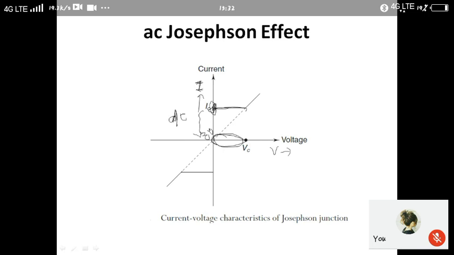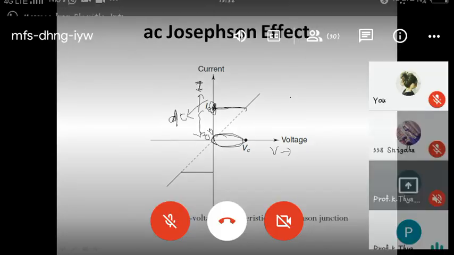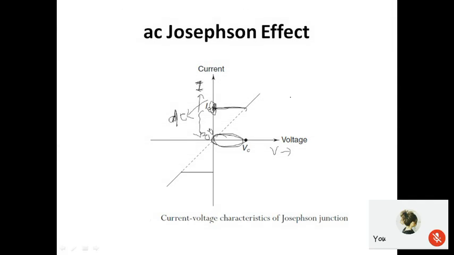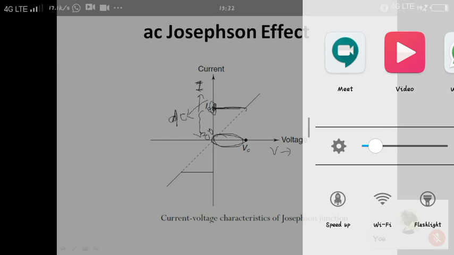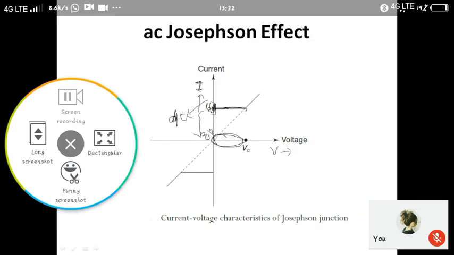This explains the DC Josephson effect. From 0 up to VC, it exhibits only a constant steady current, so it exhibits the DC Josephson effect up to this value, VC.